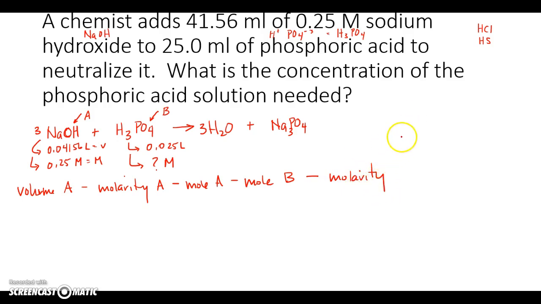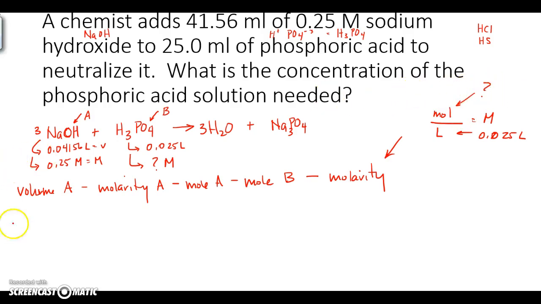And just a refresher for myself, remember molarity, I'm looking for units that are moles over liters, because that does equal molarity. Okay, and as you notice over here, I already have my liter value. So this value is going to be 0.025 liters. So really the only thing I'm looking for is moles. So let's see how this schematic will help me out with that.